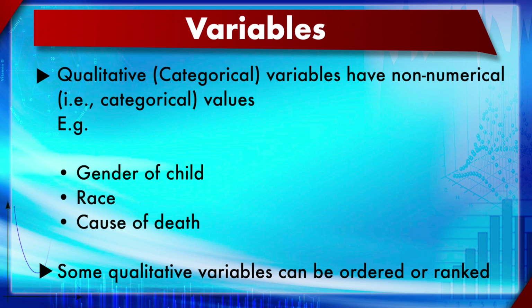Qualitative or categorical variables have non-numerical, that is categorical, values. As I told you, for example, taxonomic rank like species, genus, family, order, etc. These are also qualitative variables. Gender of the child, race, cause of death, all these are examples of qualitative variables.